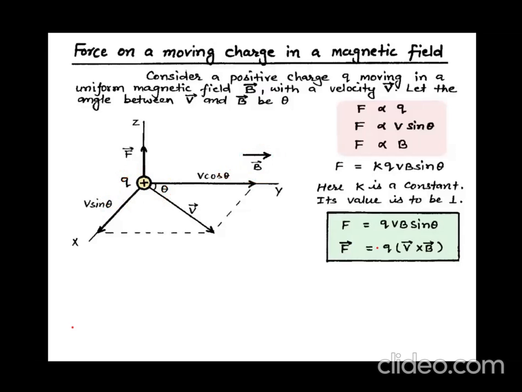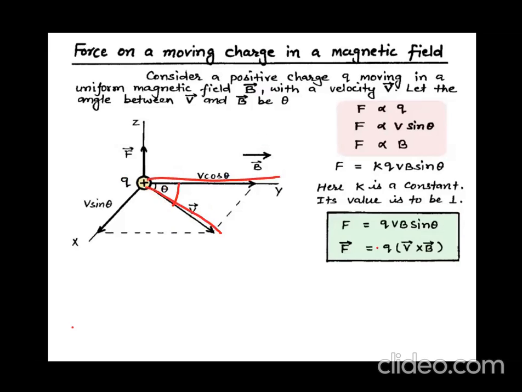So let's see. Here children, we are having the plus Q charge and it is moving in an external magnetic field B with velocity V, and let the angle between the velocity V and magnetic field B be theta, right?